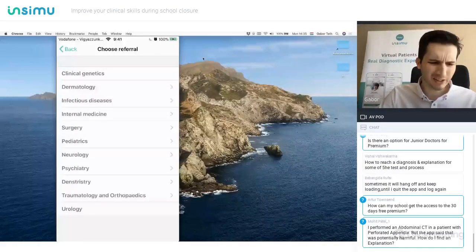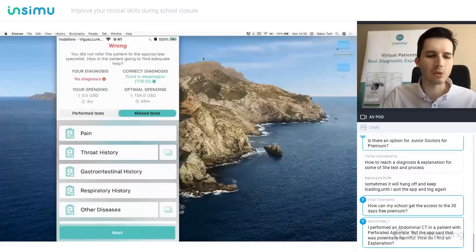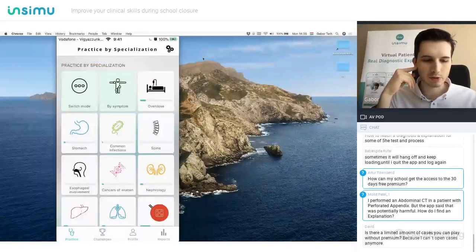Let's say I didn't even check the case. Sorry for that. I will send it to general internal medicine and see if it was okay. And you can also see the right solution for this case and all the missed tests that should have been ordered for this case. Of course, I didn't get any experience points for that.